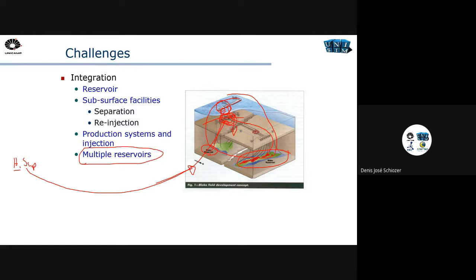They share the same production facilities, so what I do in this reservoir will influence the boundary condition in the other reservoir. Sometimes this is a black oil reservoir and this is a compositional reservoir, so I have to put everything in the same model. So this is still a challenge. We have ways to do it, but it's not easy.